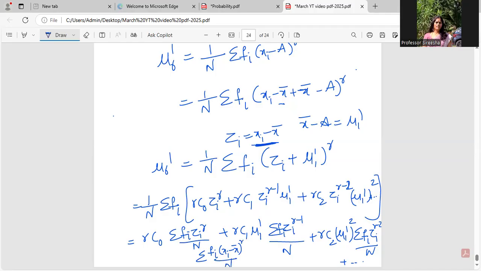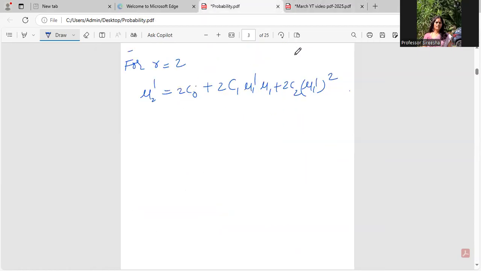This value is nothing but mu r, guys. It is nothing but the rth moment about the mean, right? So it is nothing but mu r. So here I'll be having accordingly mu0 equal to 1. Okay. For r is equal to 2, I have written things, right?